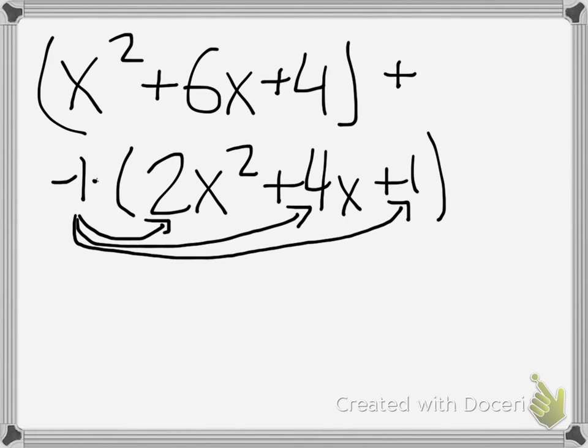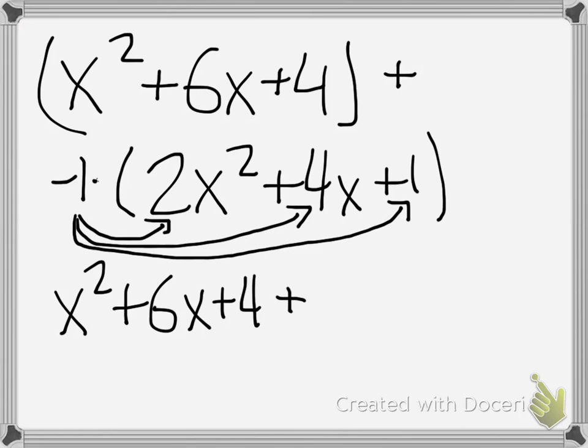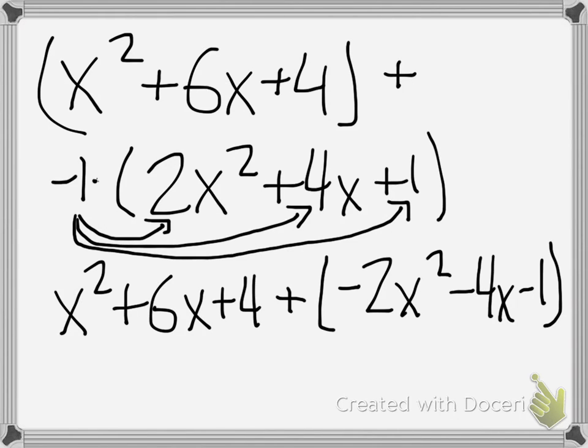I have x squared plus 6x plus 4 plus the -1 distributed on each of these three terms, that's minus 2x squared minus 4x minus 1.